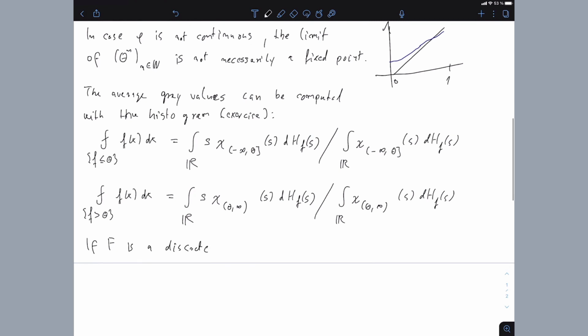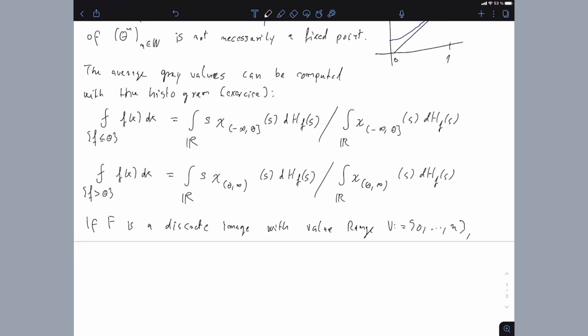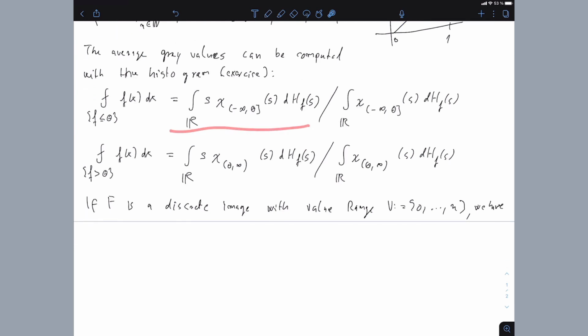So if f is now a discrete image, with value range 0 to n, so our typical finite number of values, then these complicated looking integrals are very simple sums. And we get that phi of theta is 1/2. So now we are summing from 0 to floor theta.